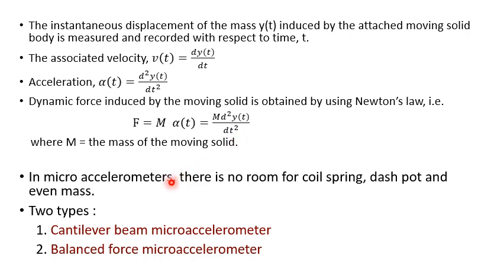Now, in a microaccelerometer, however, there is no space for this coil spring, the dashpot, and even the proof mass. So generally, there are two types of microaccelerometers that are commonly used. One is the cantilever beam microaccelerometer, and the second one is the balanced force microaccelerometer.